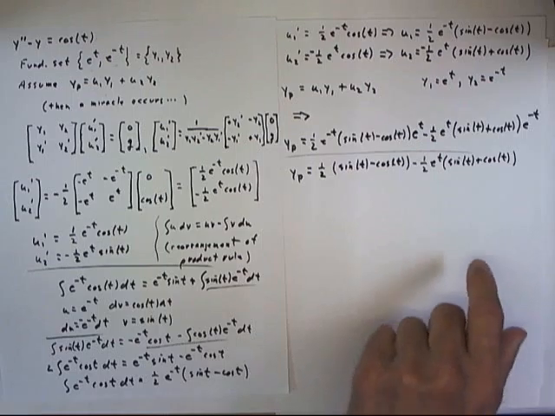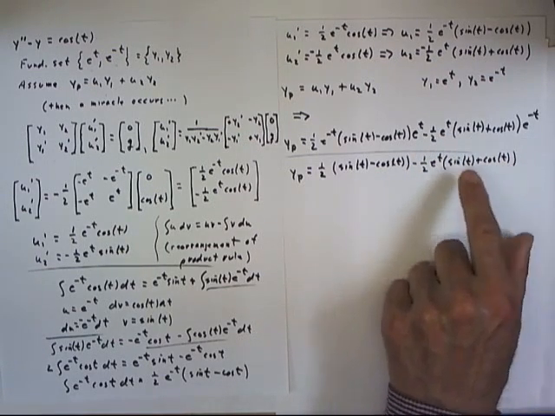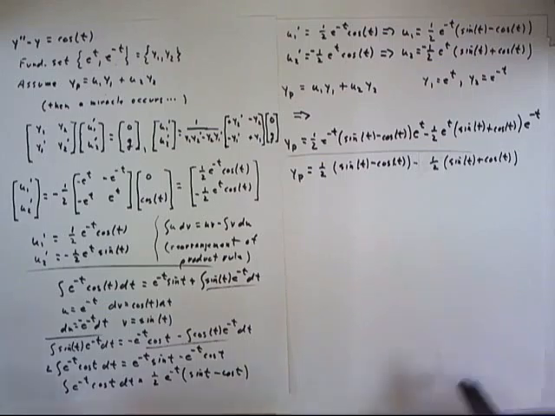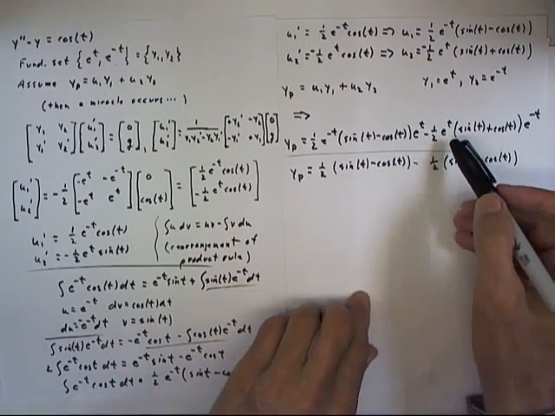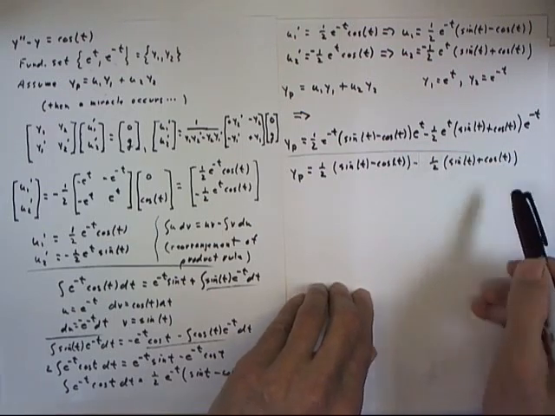I wrote down the e to the t, but the e to the t is going to multiply the e to the negative t, and I didn't mean to write that down. I was going to leave those off, so I'm going to correct that real quickly. Okay, now we've got it right. The e to the t and e to the negative t give us 1, and we're just left with this.